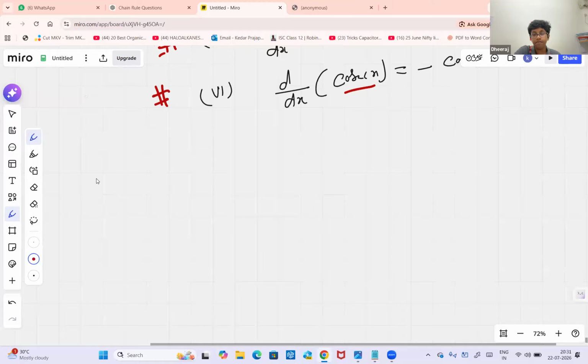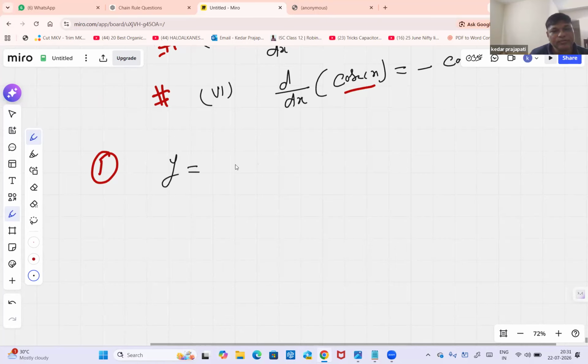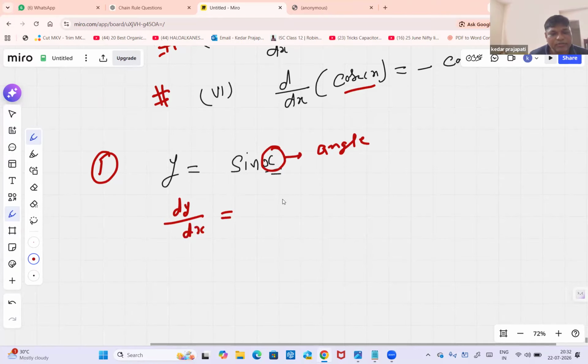Now apply chain rule for this. Suppose I have written y equal to sine x. So this x is nothing but theta, the angle here, right? So very easily we will be able to write dy by dx will be cos x.